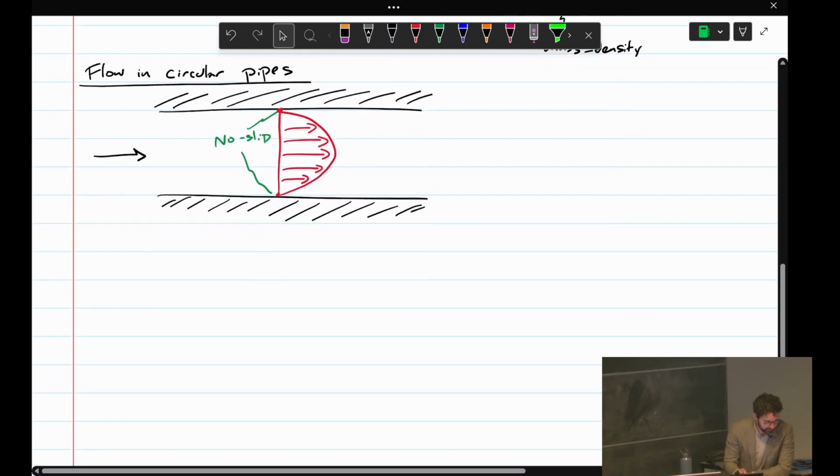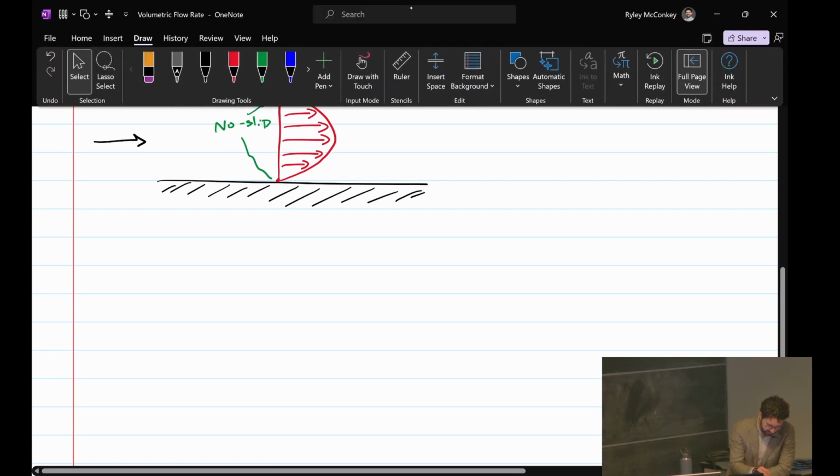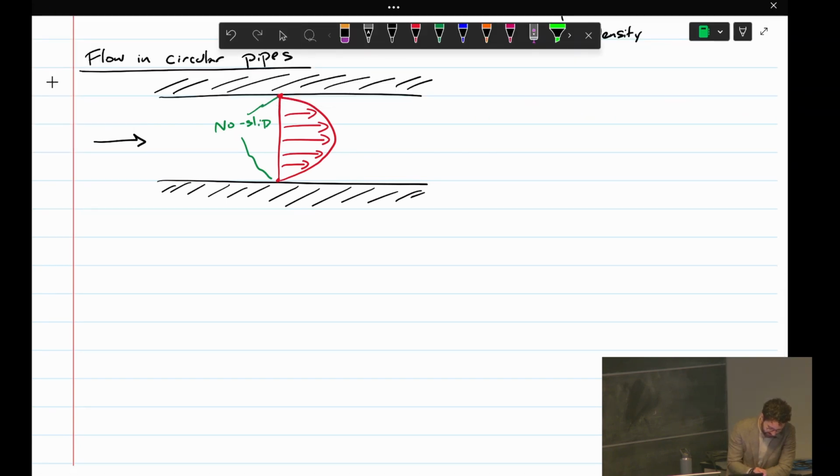Let's do a little bit of math here. So I'm going to look again at the front cross section of this pipe. So again, this is a wall. We know the no-slip condition is going to happen there.